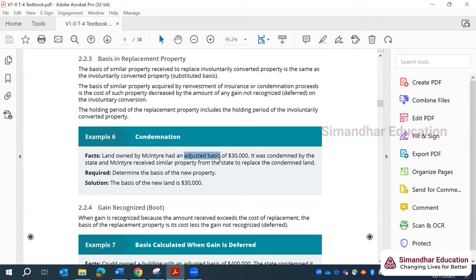Second, you have to identify how much of the gain will be deferred. Whatever you have reinvested, up to that amount will be deferred. If you keep some money in your pocket for your expenses or for a party, then that money will be taxable and you will have to pay taxes on it and recognize that portion of the gain.